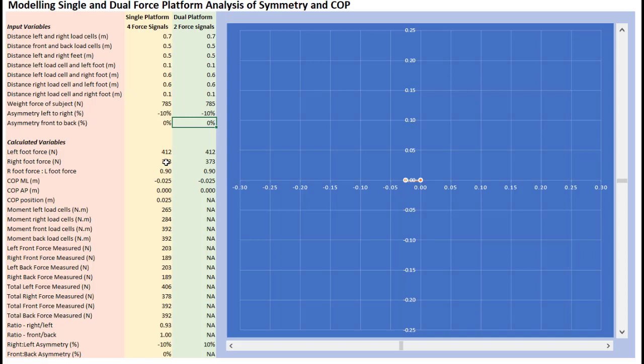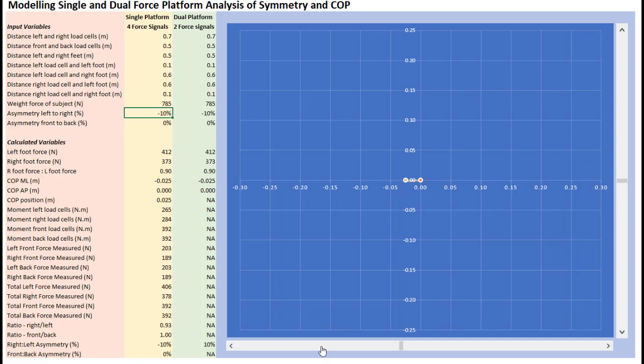What we see is that with this, the dual platform system records a left foot force here of 412 and right force of 373. But the same asymmetry is recorded for the single platform with 4 force signals, exactly the same. And the ratio between the left and right feet is the same, 0.9, because it's a 10% asymmetry.